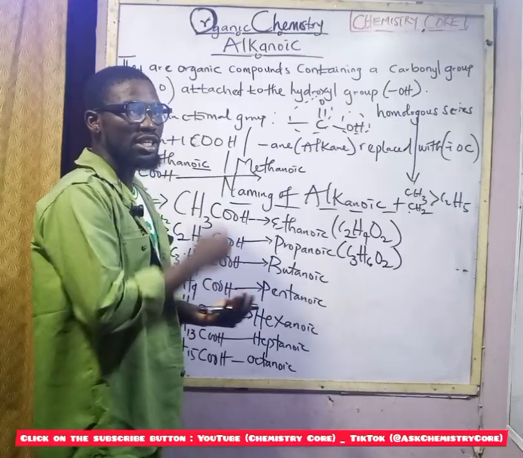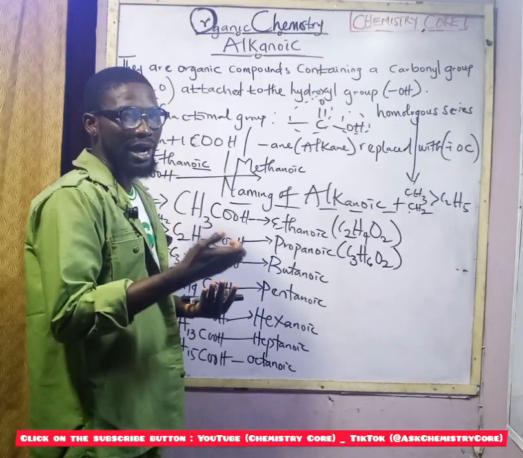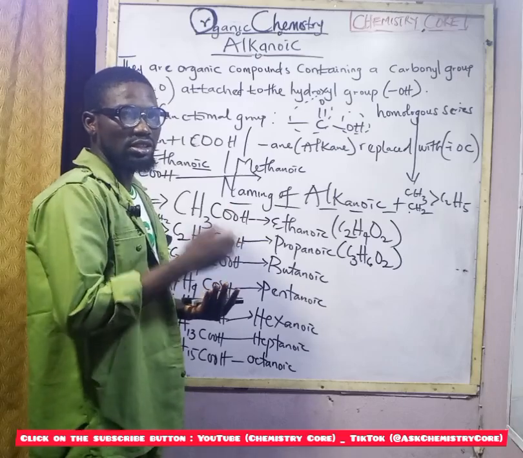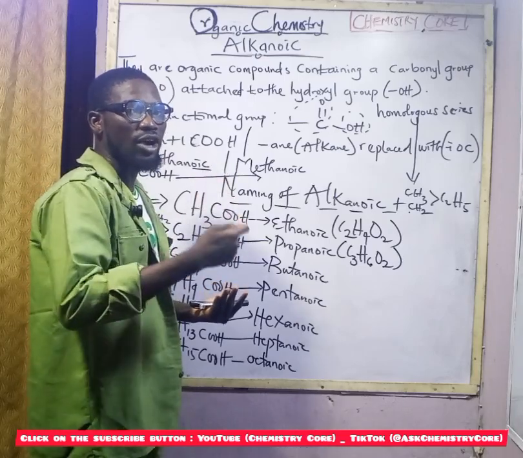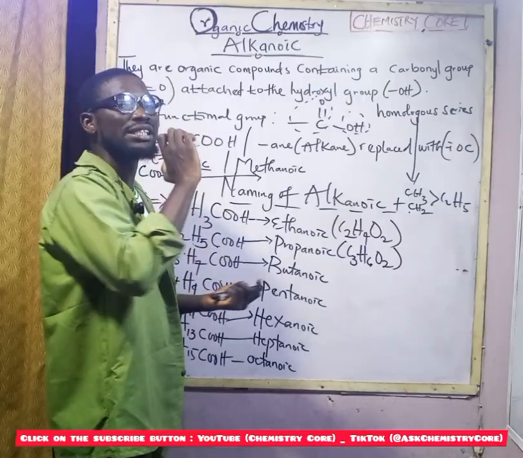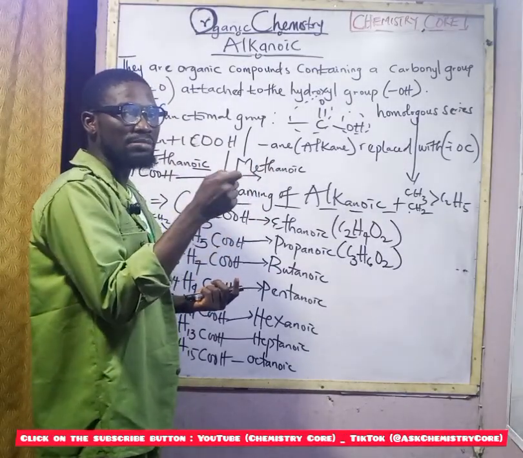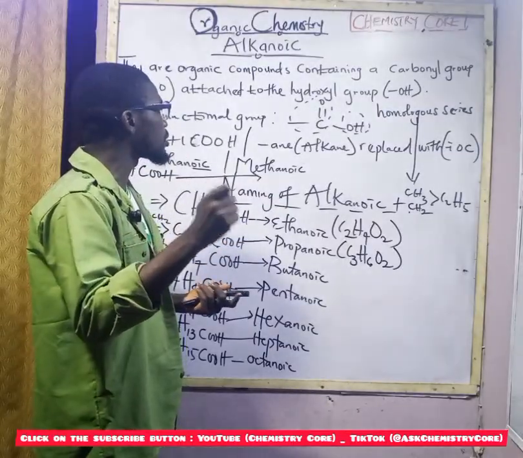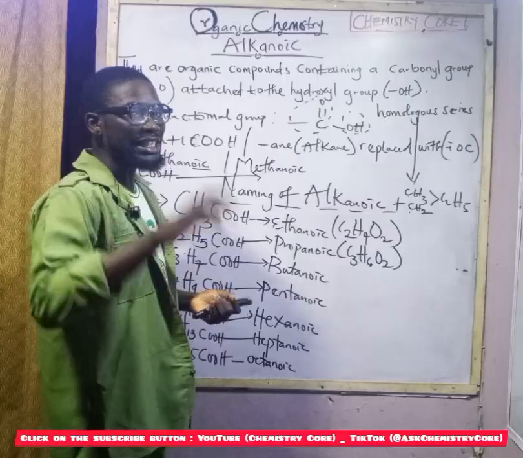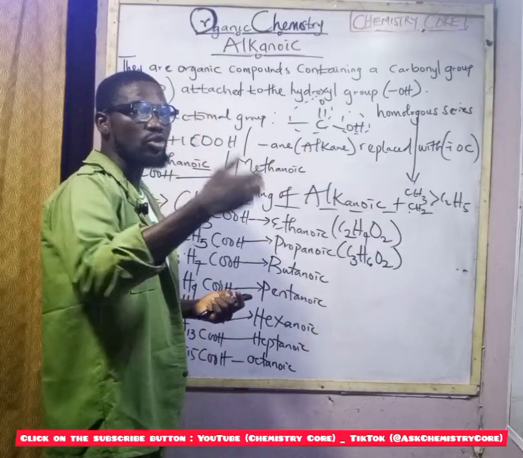But in organic chemistry, each compound has its rules under the IUPAC to name each compound. But note one thing, for every alkanoic or carboxylic, you must always consider the numbering from where you have the lowest number attached to the functional group. And what is the functional group of the alkanoic? It contains both the carbonyl group and the hydroxy group.